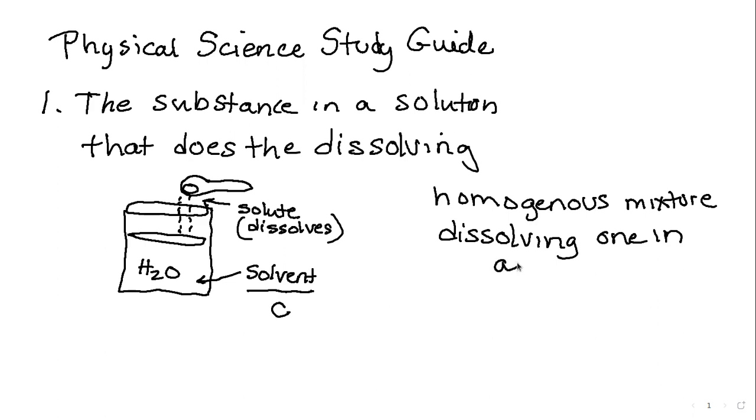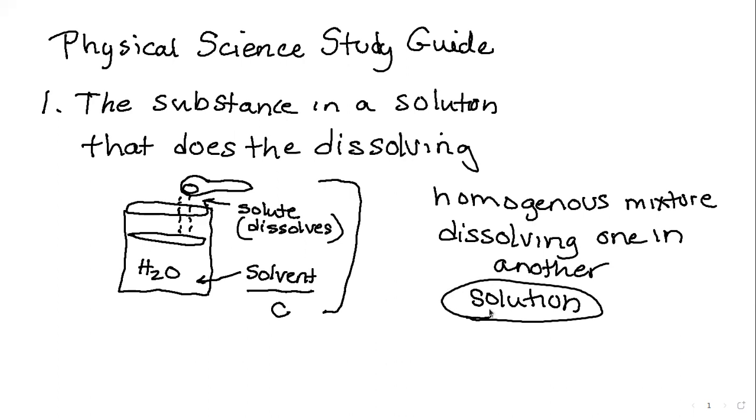We already talked about that, that's what's going on here. The solute is dissolved in the solvent and the whole thing is called a solution. So this is a solution. That's the answer, and a solution is A.